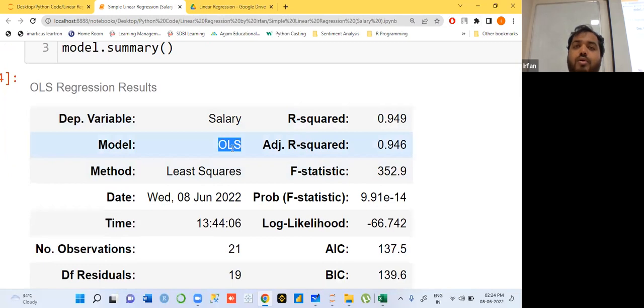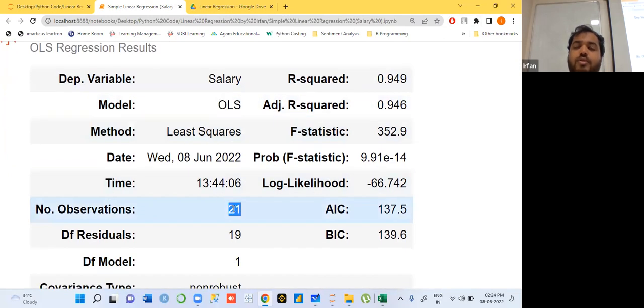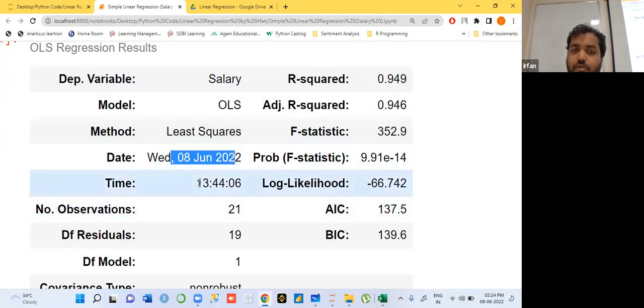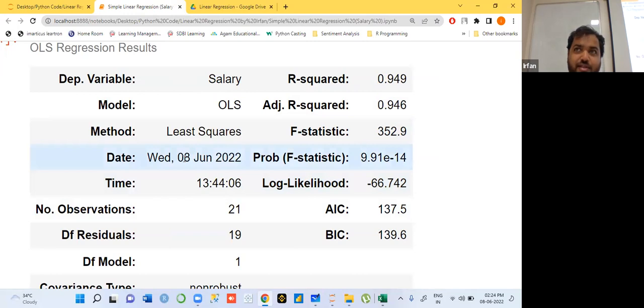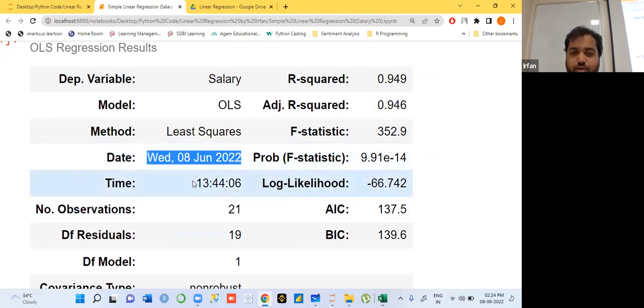Model OLS. Observations 21. And never lie to your boss that you have run the model, because it gives you date and time. Never say, sir, done yesterday. Then he will say, open the file of yesterday only. So make sure it gives the date and also the time.